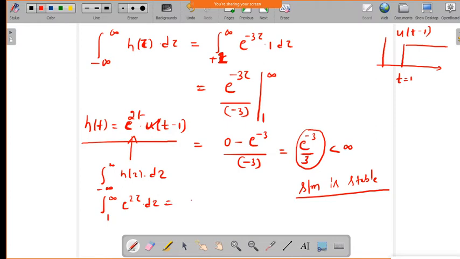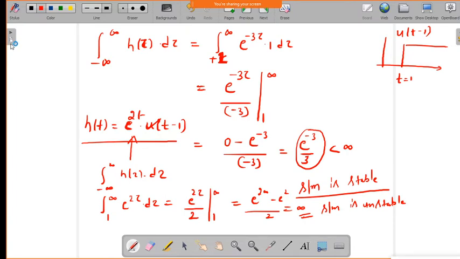This will give e power 2 tau by 2, from 1 to infinity, which gives e power 2 times infinity minus e power 2, divided by 2. So anyhow this will give infinity. So this system is unstable.